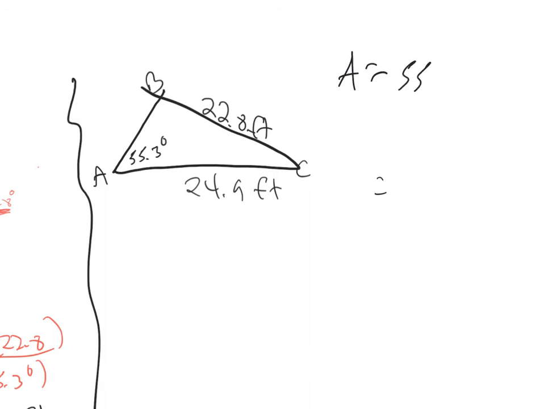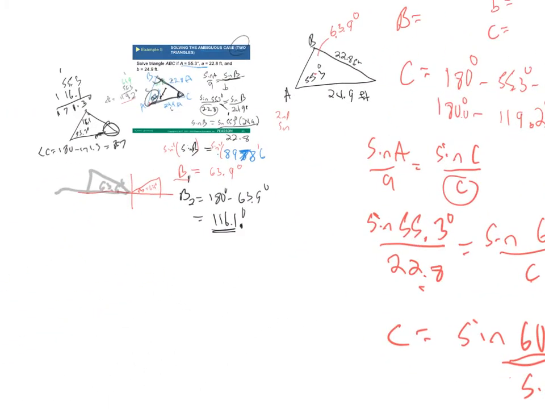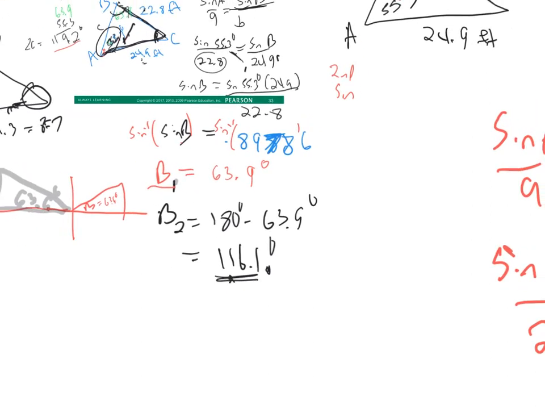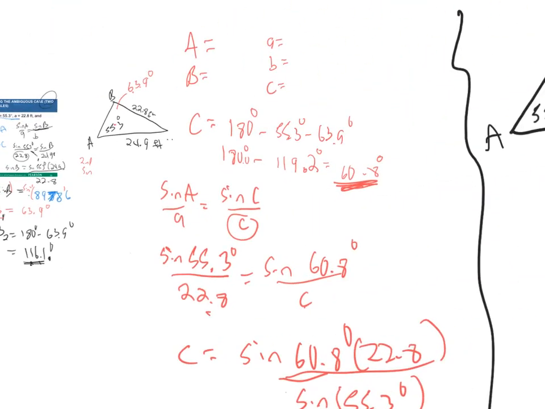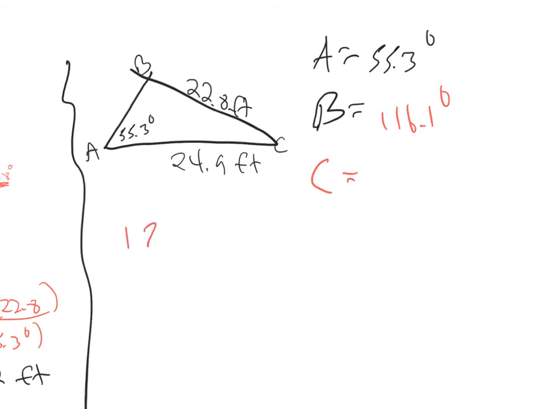That was 55.3 degrees. We found angle B over here. The other B was 116.1 degrees. So now we got to see what would C be. Well, C would be 180 minus 116.1 degrees minus 55.3 degrees.